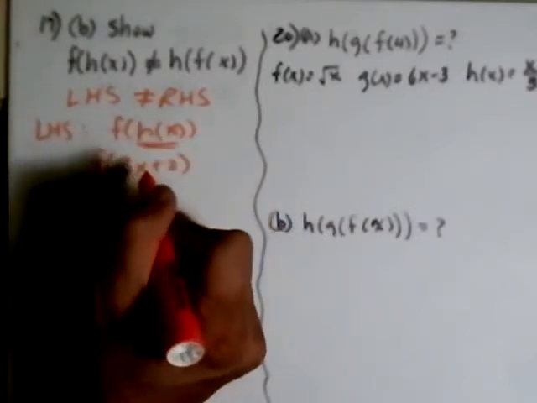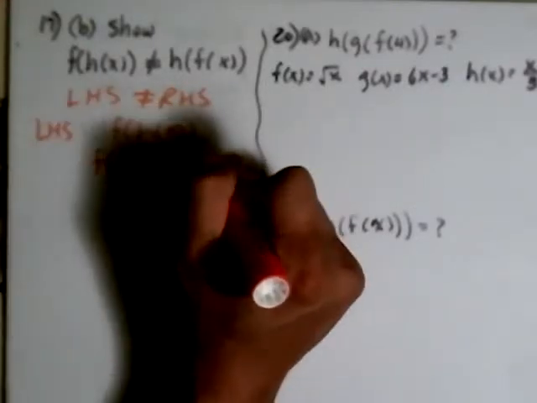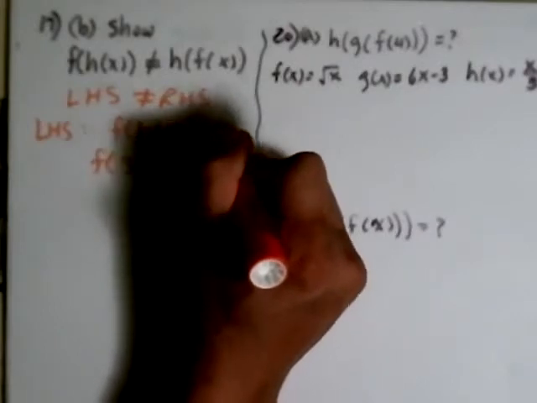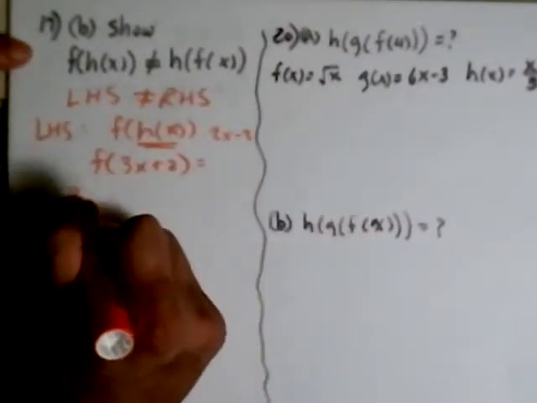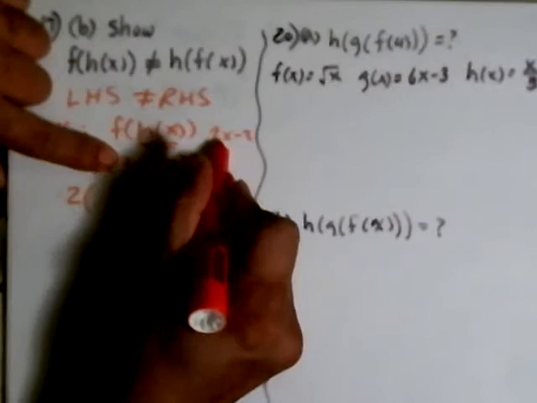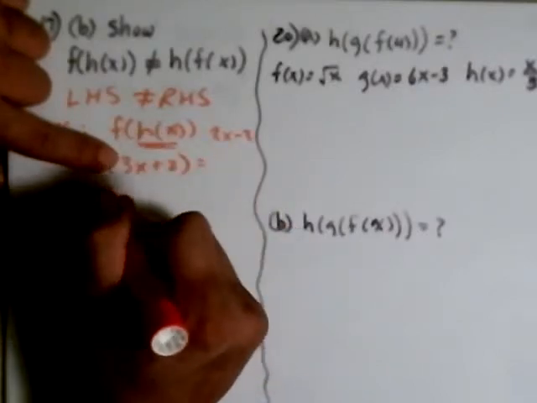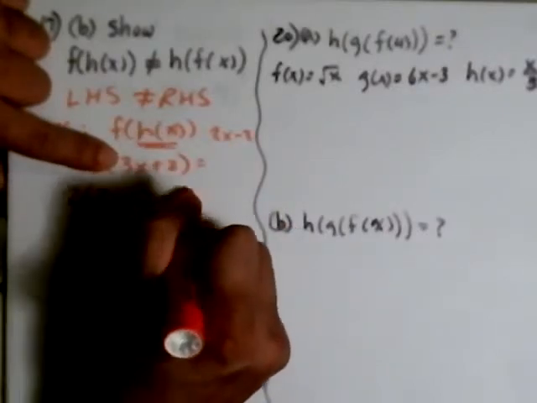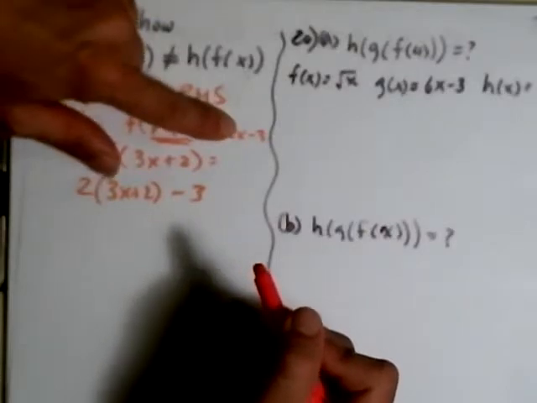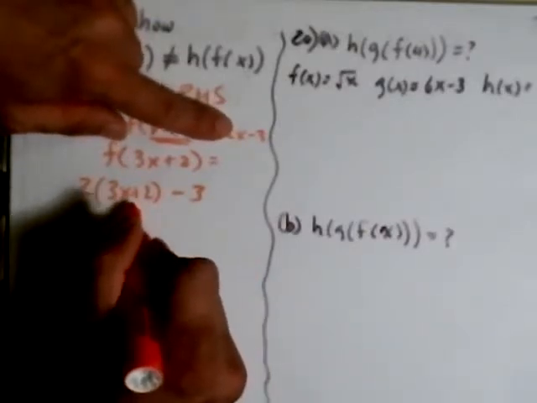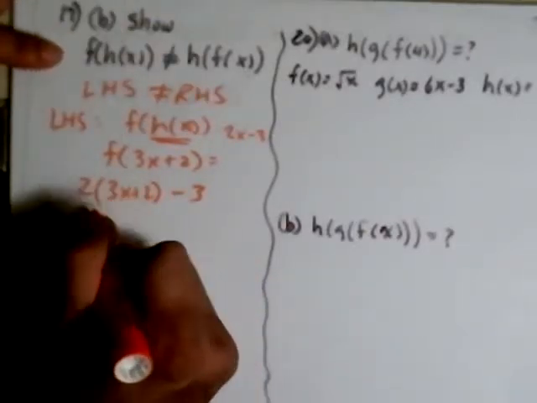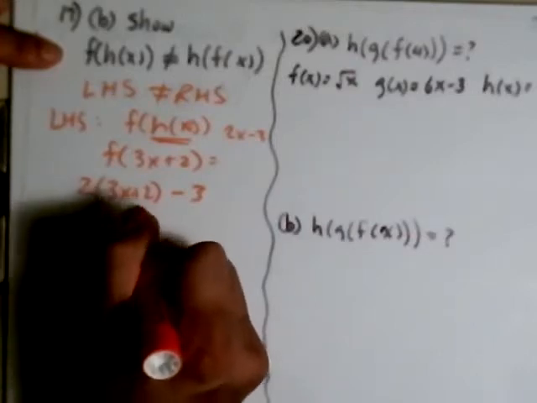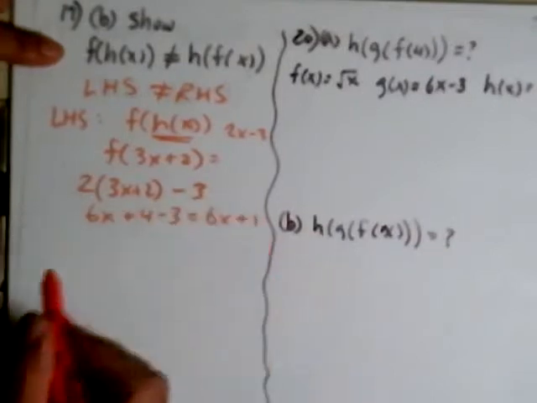And f of that, the function says, is equal to 2 times x minus 3. So you go 2 times, replace x with 3x plus 2, minus 3. Distribute that out, get 6x plus 4 minus 3, which is 6x plus 1.